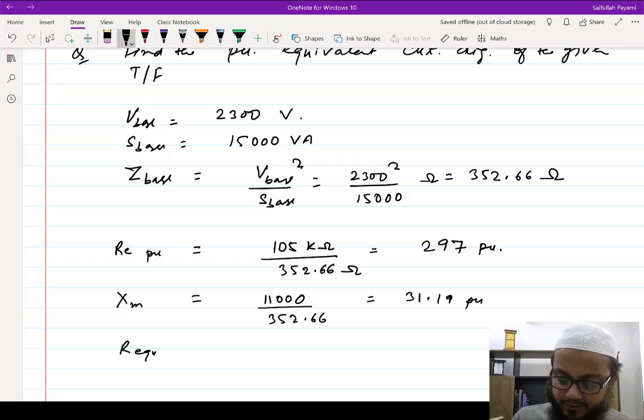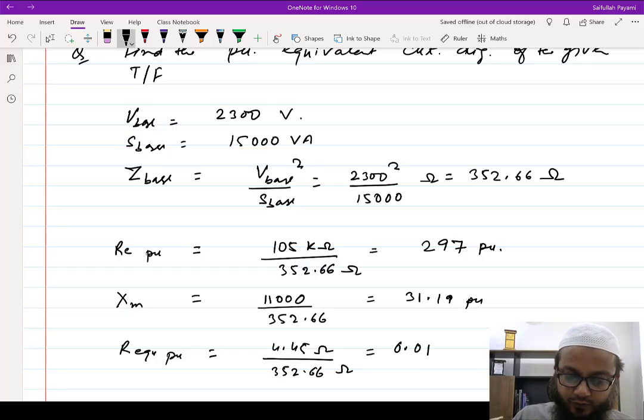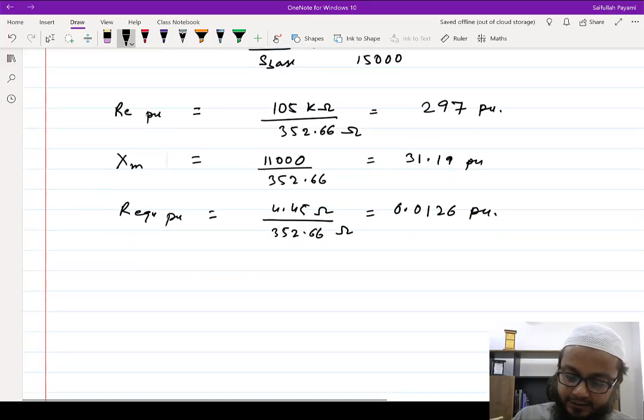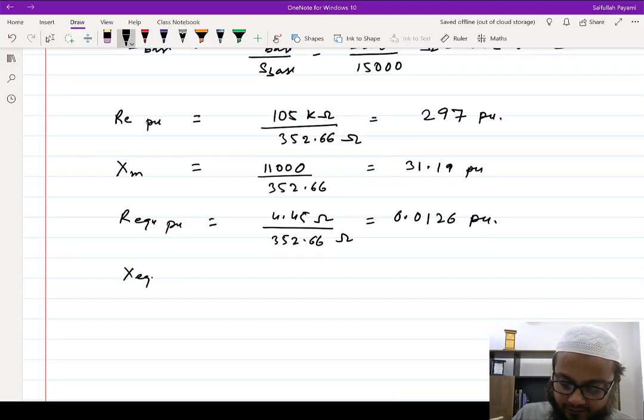Similarly, you can find R equivalent in per unit, which would be 4.45 ohms, given in SI, divided by the base value 352.66 ohms, and if you calculate, it will come out to be 0.0126 per unit. And X equivalent per unit.